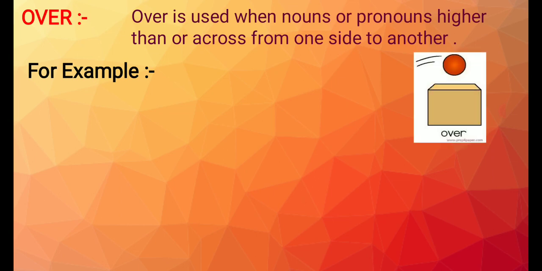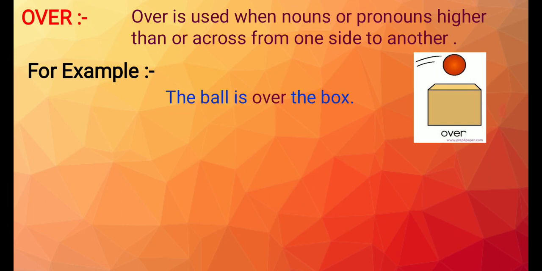First of all, let's see the picture. Look at the picture. The box is there and look at the ball. The ball is not touching the box, but it has some distance. So in this type of case, we use over. So what will be the sentence for this picture?